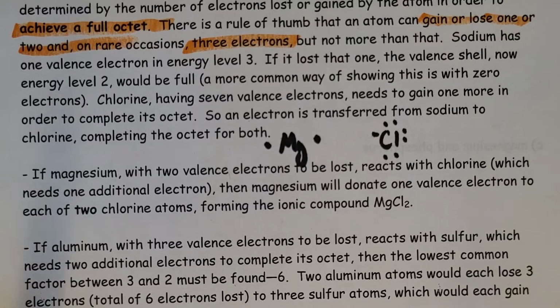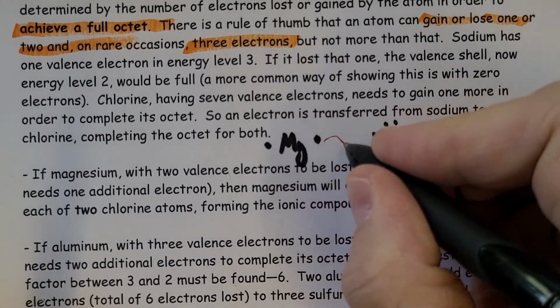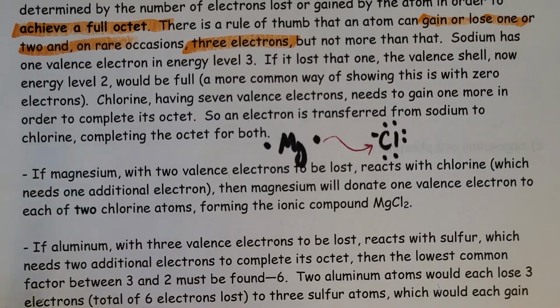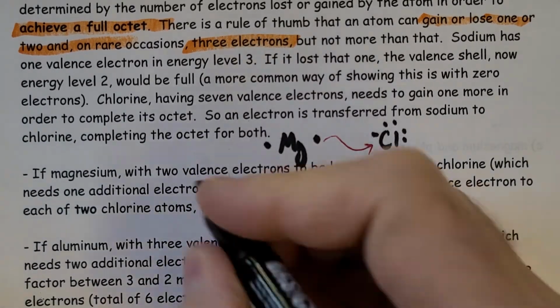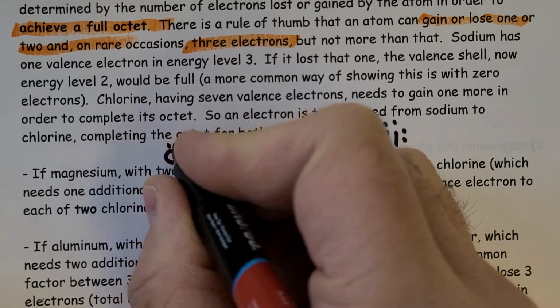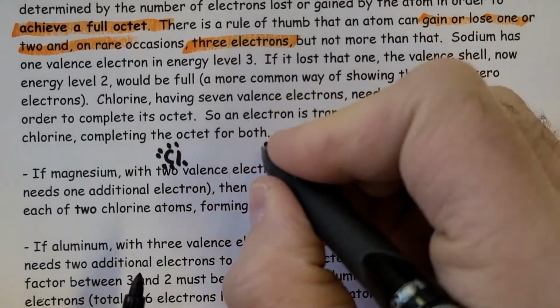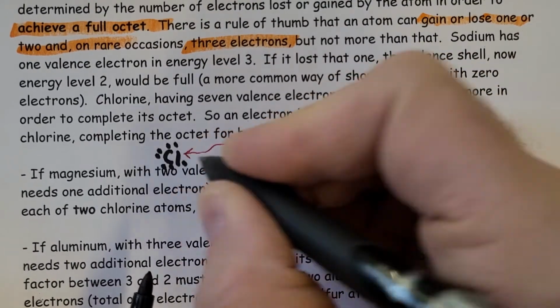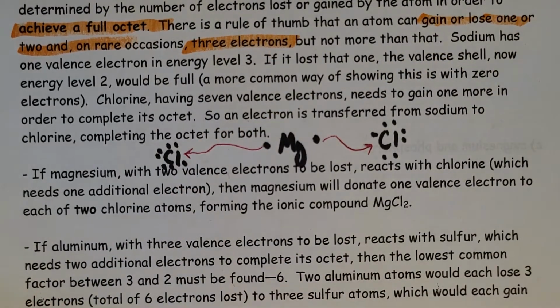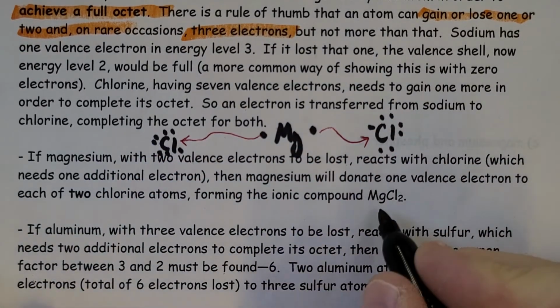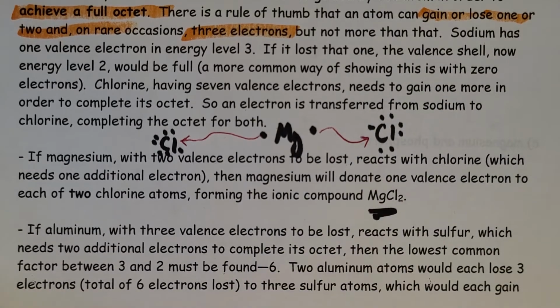Magnesium can lose an electron, the chlorine can take that, but then we have 1 more here. So what could happen is I have another chlorine around, and magnesium can give its other electron to that. What works out to be a perfect balance is 1 magnesium and 2 chlorines, so that's why the formula becomes magnesium chloride.